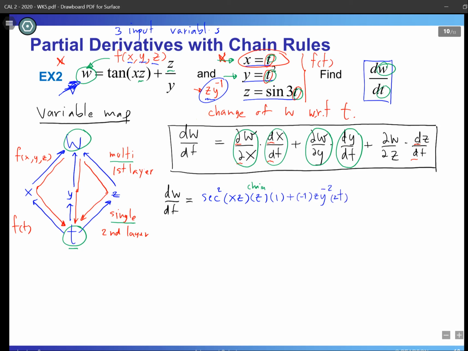Alright, now plus the next term dw by dz. So I'm supposed to differentiate this with respect to z. So I'm going to get secant square first, and I leave the inside alone, xz, and then I differentiate the inside with respect to z. I get x. Okay. Alright, make a note right here, x.